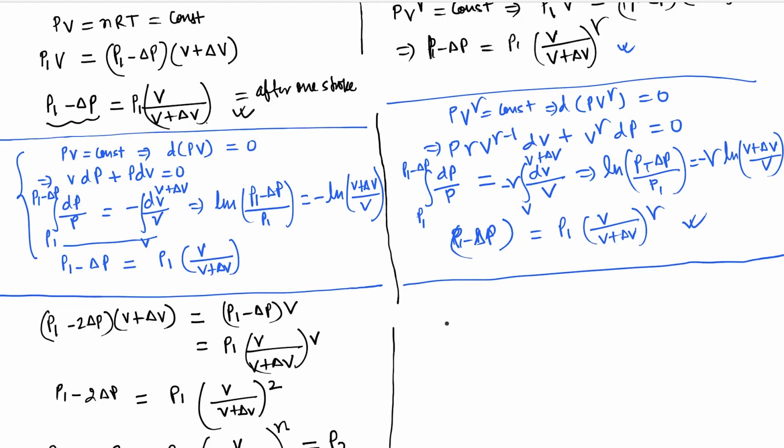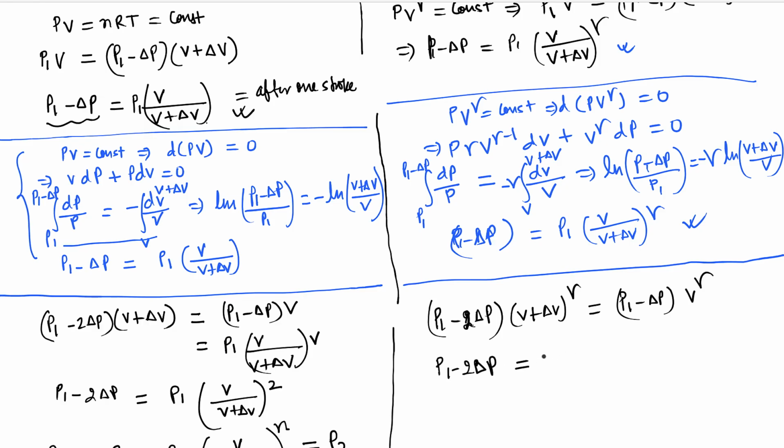Okay. So now let's compute the number of strokes here. So how do we compute the number of strokes? Again, we can use (P1 - 2 delta P)(V + delta V)^gamma should be equal to (P1 - delta P)V^gamma. Therefore, P1 - 2 delta P is (P1 - delta P)(V / (V + delta V))^gamma.